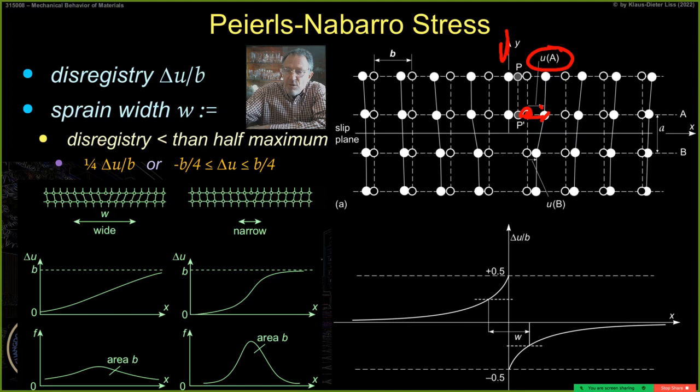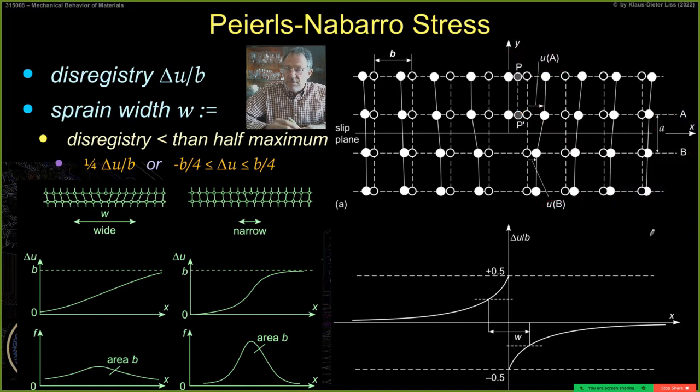So it's u in the plane A, and we have a u in the plane B as well, which we call u of B. Or if you call the planes A, B, C, D, A1, A2, A3, then it's u of position Y. But we look at the two planes A and B, and they are separated here by the lattice parameter a, small a.